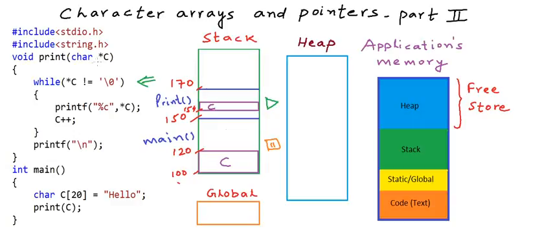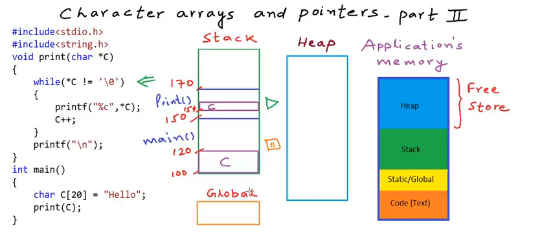We could have named this particular variable A or PTR or whatever, but all that happens when we make this call to print and pass this C here is that the address 100, which is the base address of the array, is passed to the print function, and the print function stores it in a pointer variable. Sometimes it may confuse us when we are using the same local variable name in the calling function and the same argument name in the called function, but we must always understand that they are different.